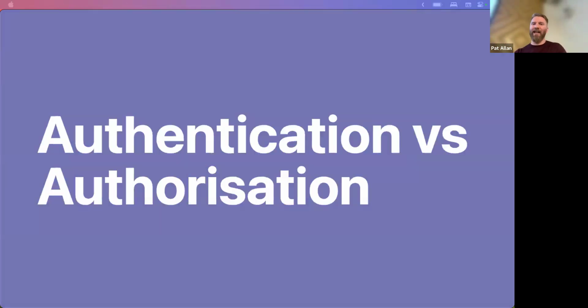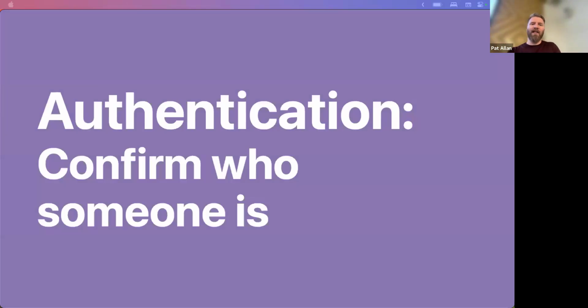So firstly, let's start with two words that are often mistakenly used interchangeably: authentication and authorization. Authentication is the process of confirming who someone is, right? Commonly done with a username and password.